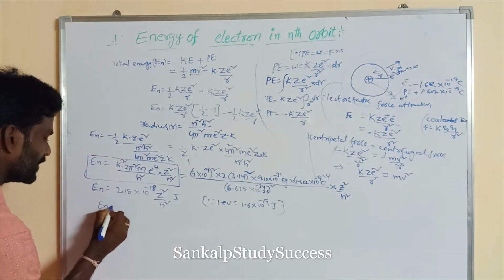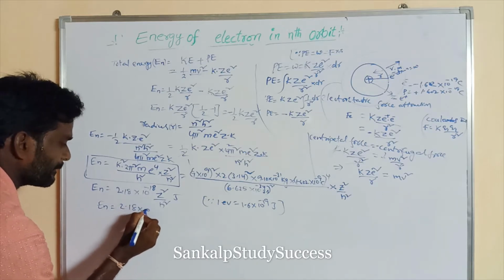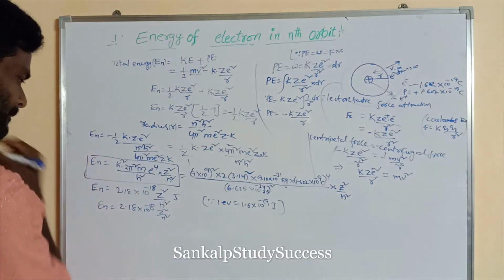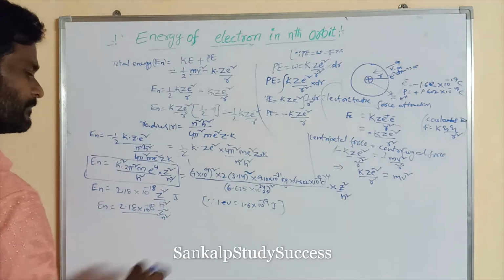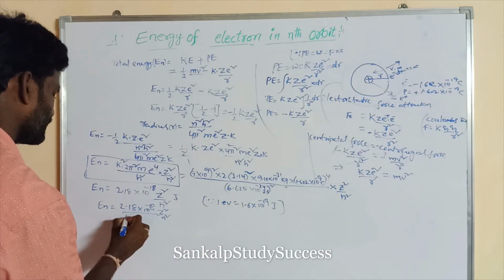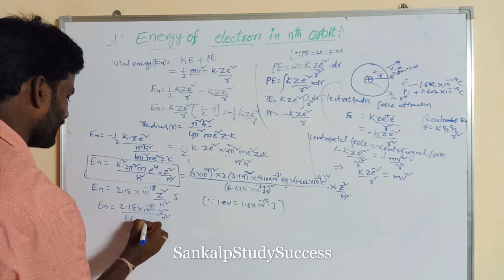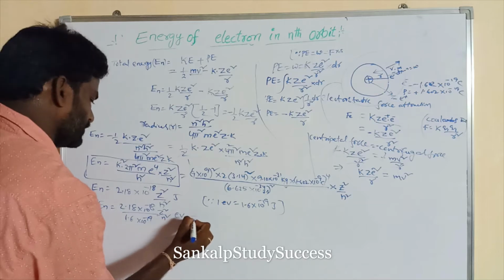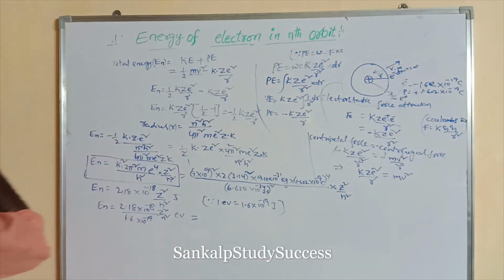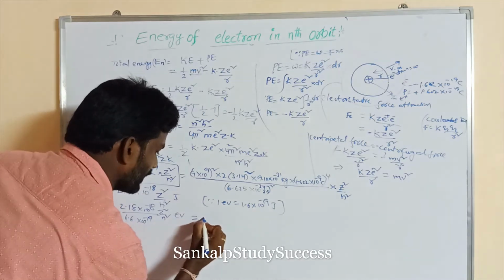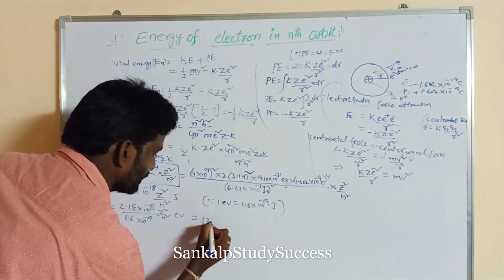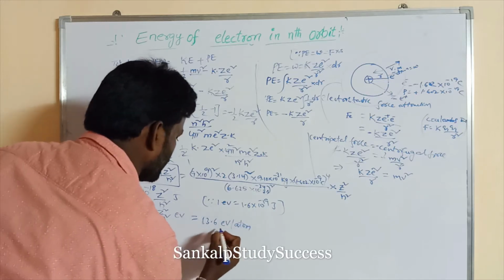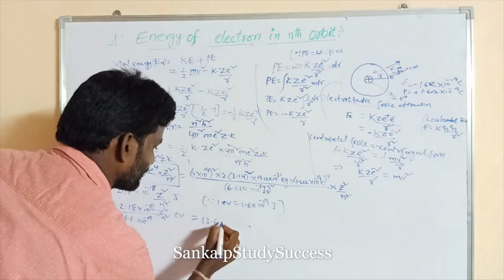So En is equal to 2.18 into 10 to the power of minus 18 z square by n square by 1.6 into 10 to the power of minus 19 electron volt. Simplified, finally we got 13.6 electron volt per atom into z square by n square.